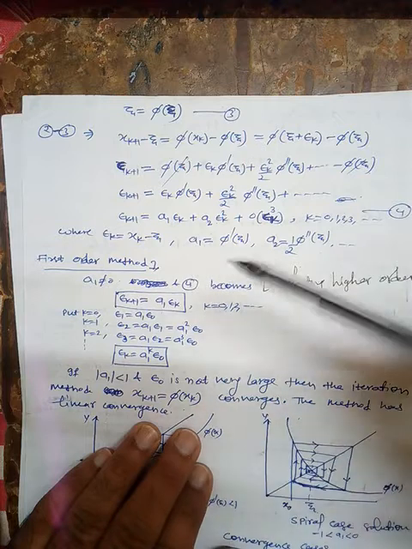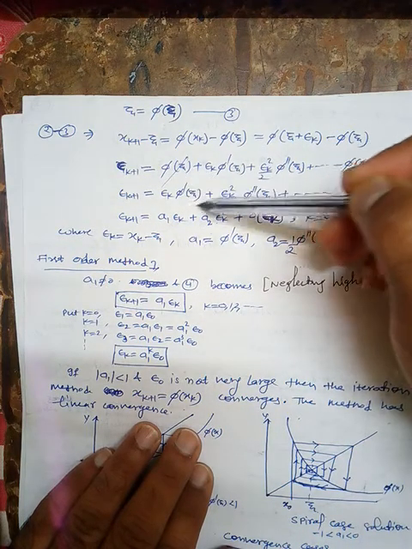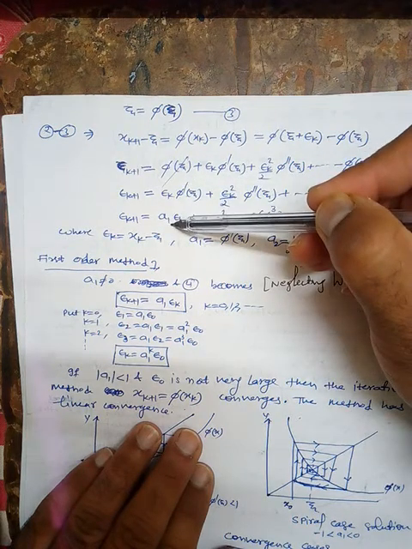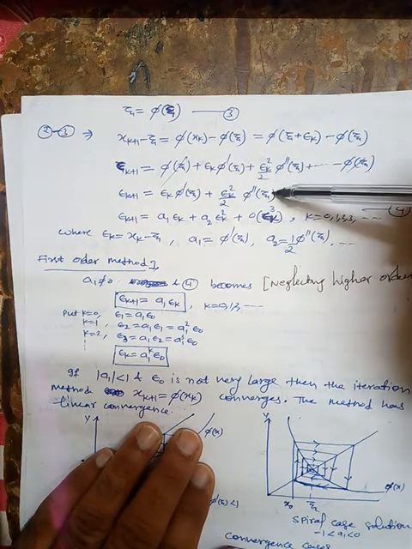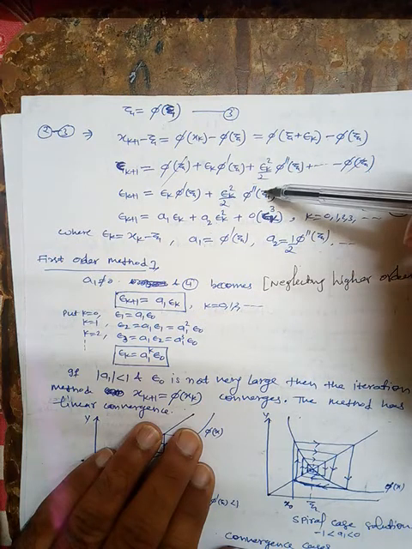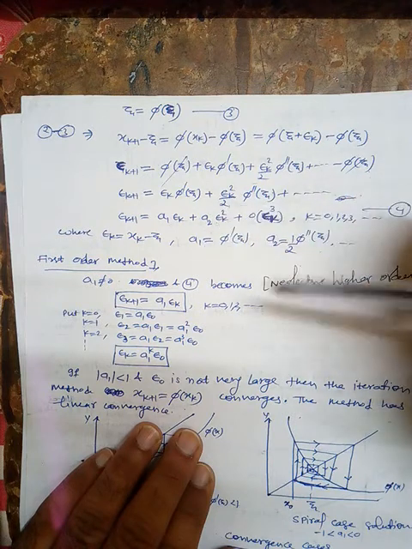Okay, so now because phi is known to you, phi dash xi is known to you, this is a constant value, so denoted by a1. Similarly, phi double dash xi is a constant value, so phi double dash xi divided by 2 can be written as a2.